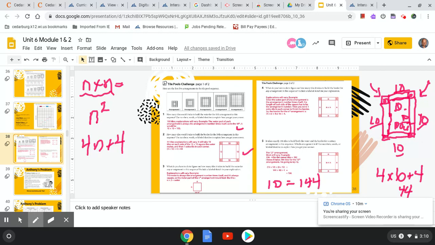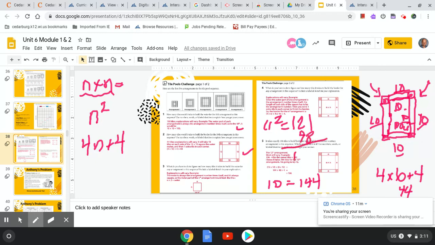So then we went to an 11. What about an 11? 11 by 11. So 11 squared would be 11 times 11. Do you know what that is? So 121. And then we had to multiply 4 times 11, which was 44. And then add another 4, which was 48.